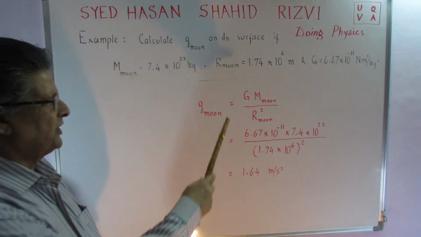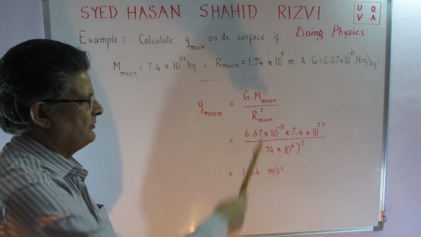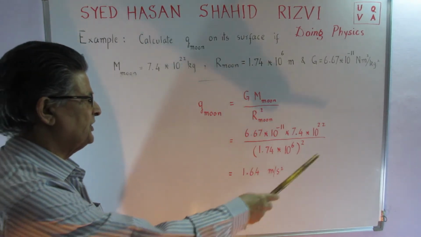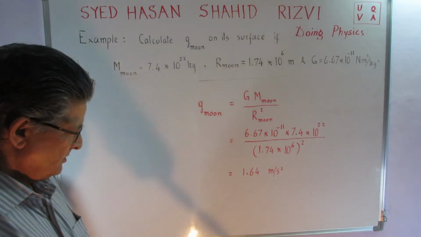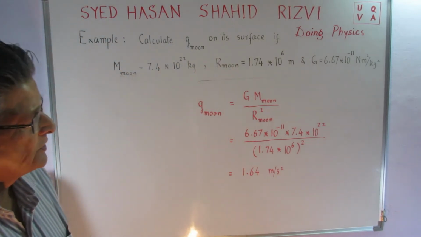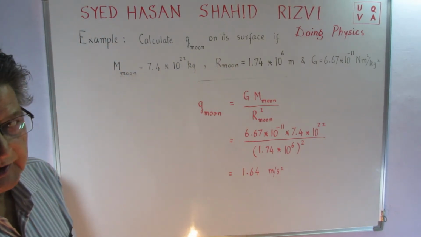Of course we can start with capital G M1 M2 upon R square. When I substitute these data, I get this to be equal to 1.64 meter per second square.